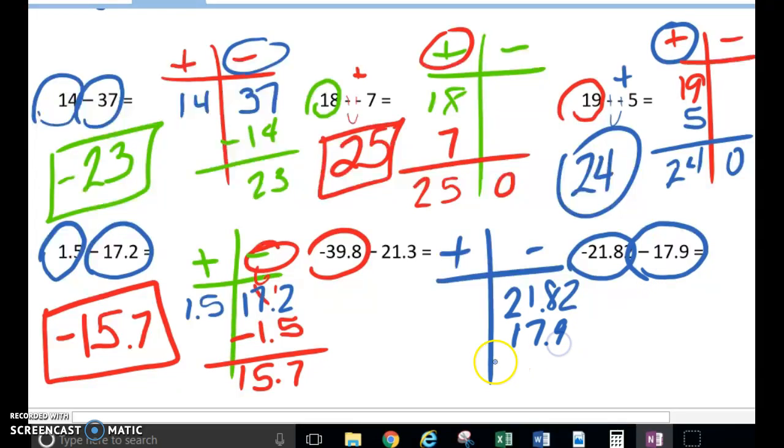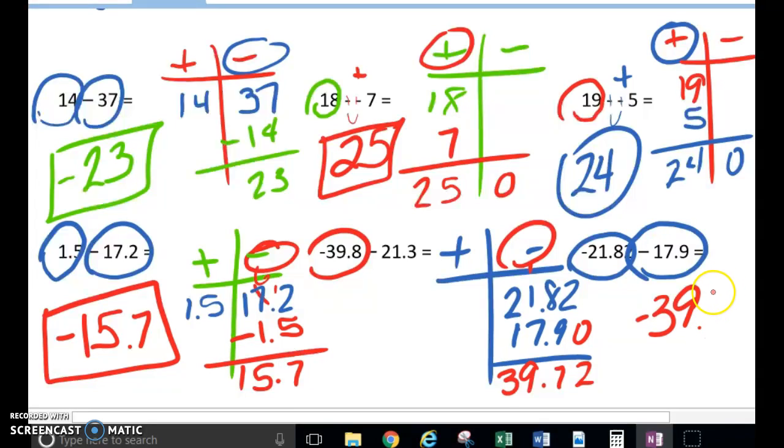Make sure your 9 goes under your 8, because that's where it is 1 point after the decimal. So then we're just going to add up. Remember, there's a 0 there. So then we're going to add 2, 17, 9, 3. So my negative team wins by 39.72 points.